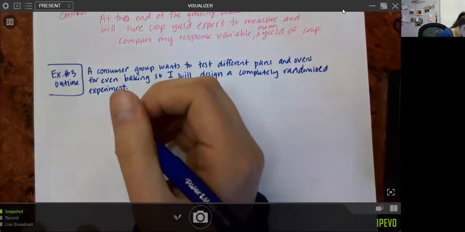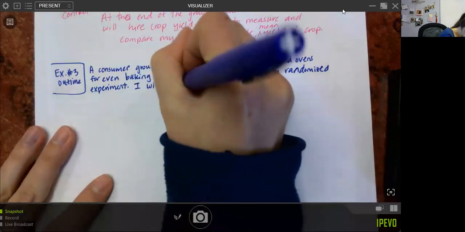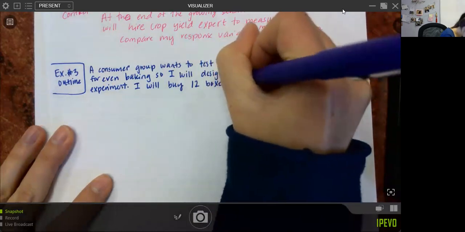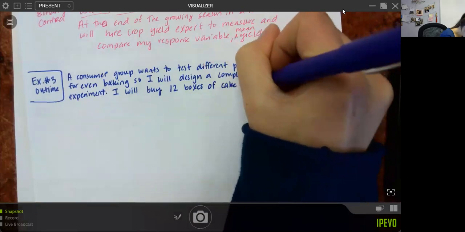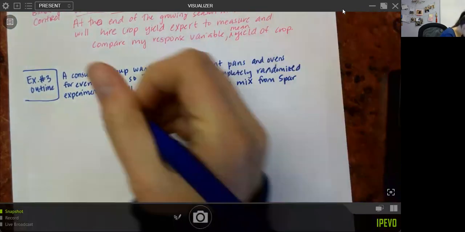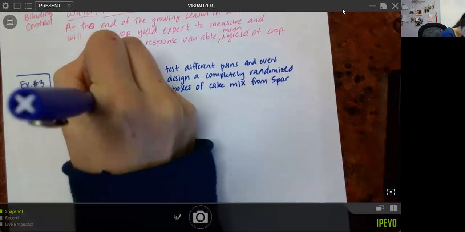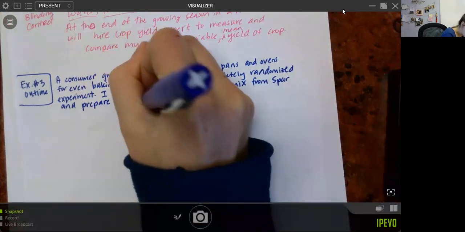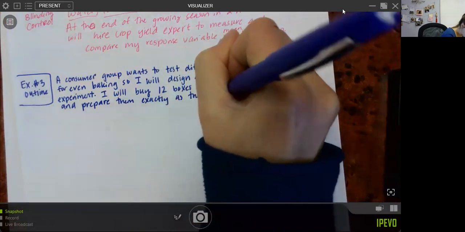So to get, let's see, I will buy 12 boxes of cake mix from Spar and prepare them exactly as the recipe demands.